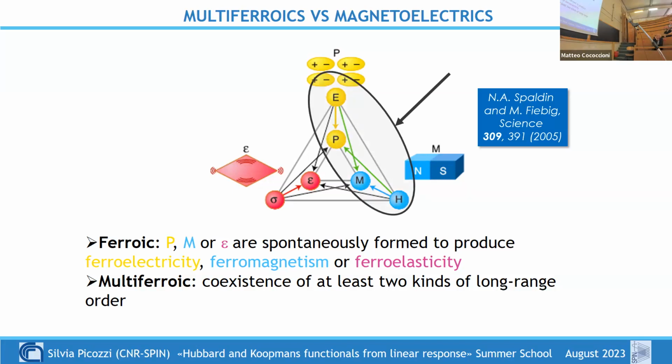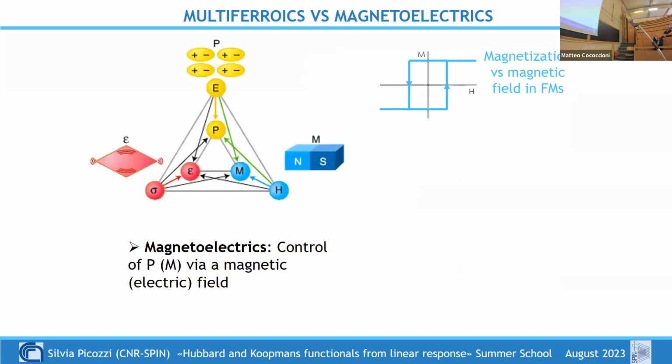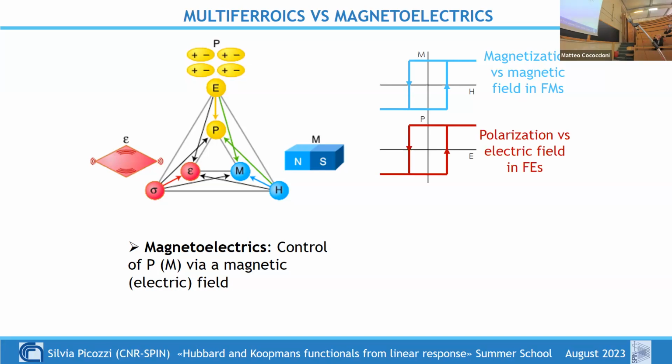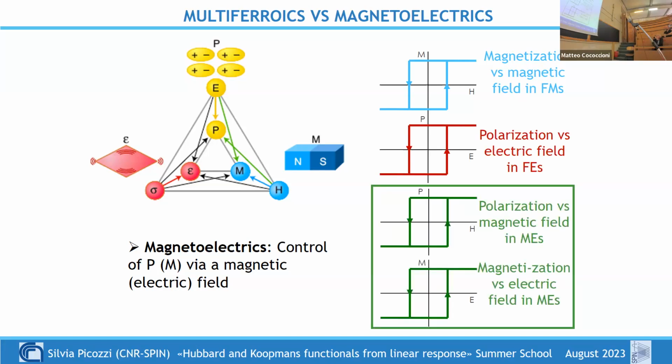I'm mostly interested in the connection between ferroelectricity and magnetism. In addition to standard magnetism, where you have your MH phase diagram, or PE for ferroelectric materials, in magnetoelectrics, which are often connected to multiferroics, you can also have a hysteresis cycle in the PH space or ME space.